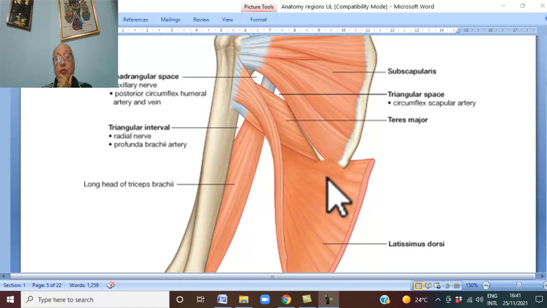The latissimus dorsi is first posterior to teres major. Then it curves to pass below the teres major. And finally, the tendon of insertion comes in front of teres major to be inserted in the floor of the bicipital groove. Triple relation: latissimus dorsi is posterior, then below, then anterior to teres major muscle.